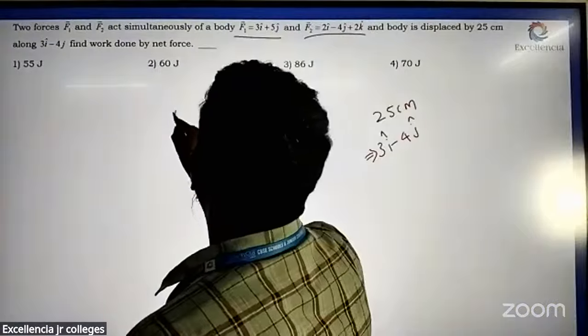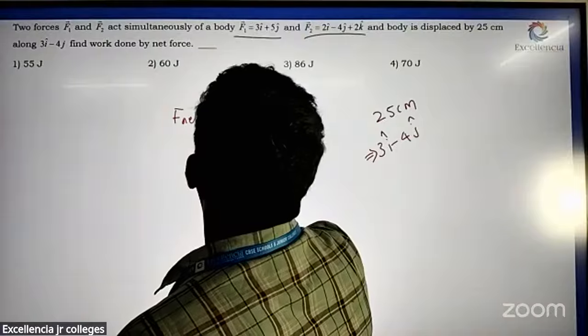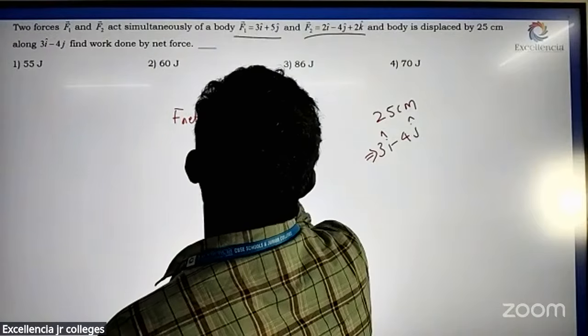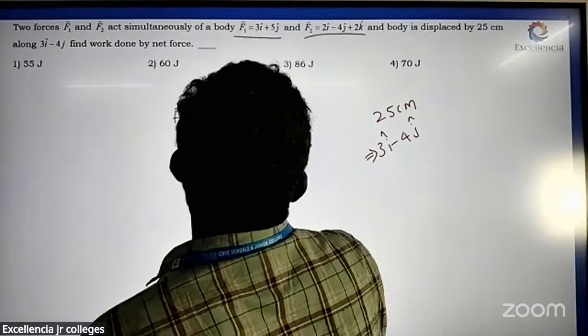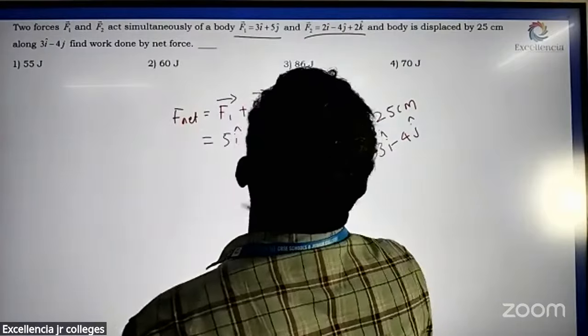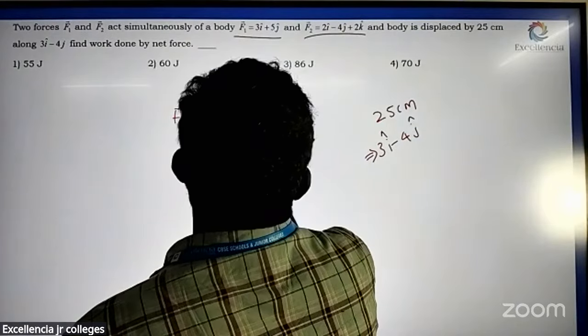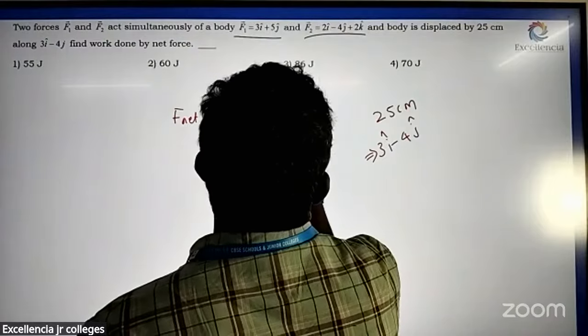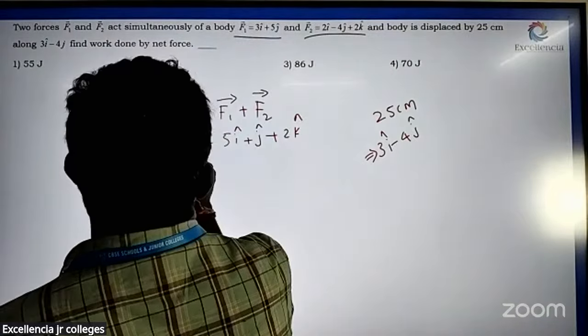So we have to find the net force first of all, friends. What is the net force? F1 plus F2. What you will get is 5 i cap plus j cap plus 2k. This is the net force acting on the body.